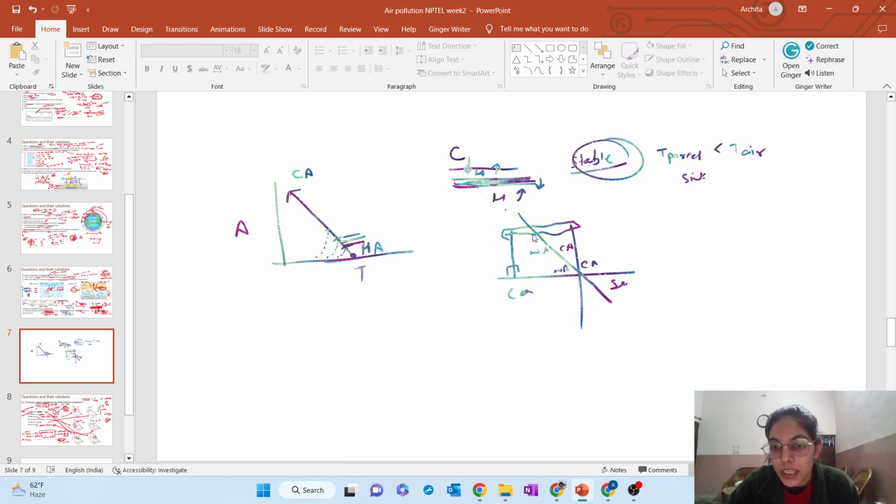Now this warm air is moving towards the cold. This warm air from the plume will sit on this cooler air from the sea. So this forms an inversion.